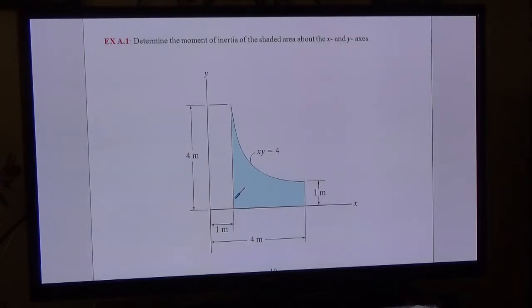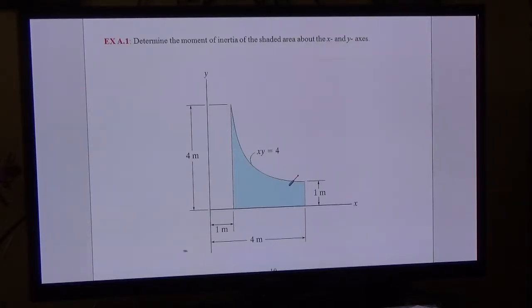This time, looking at our area, we want to understand what the area is bounded by. So at the left-hand side, it's bounded by the curve x is equal to 1. At the right-hand side, x is equal to 4 for this lower part, and xy is equal to 4 for this upper part.